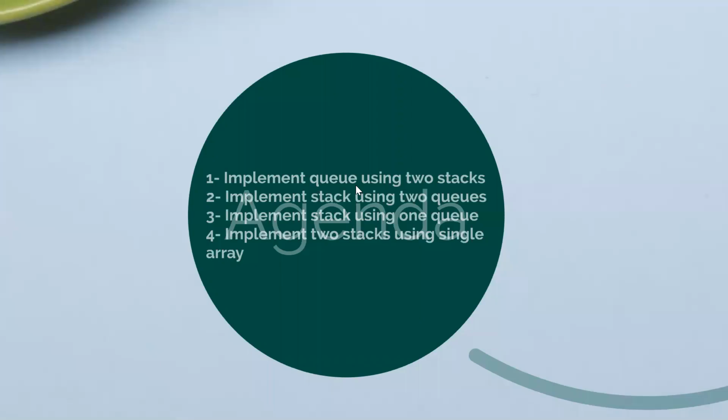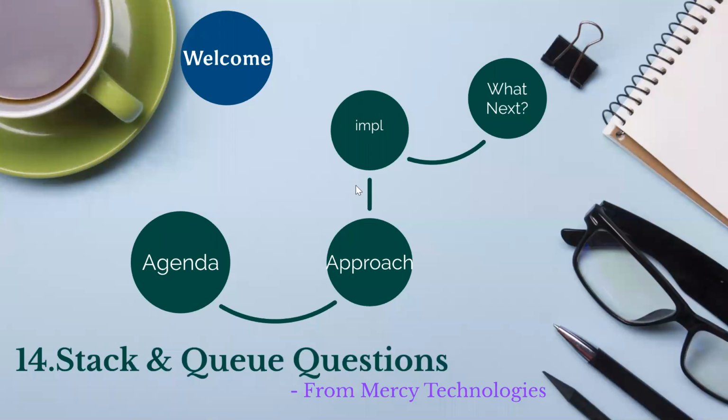Right? So we have done the implementation of stacks and queues using arrays and linked lists. We have learned the ways to find the best time and space complexity, whether we should go with inserting left or right, and what happens internally. All this we have done in our previous classes.